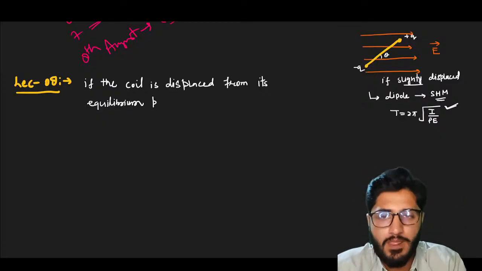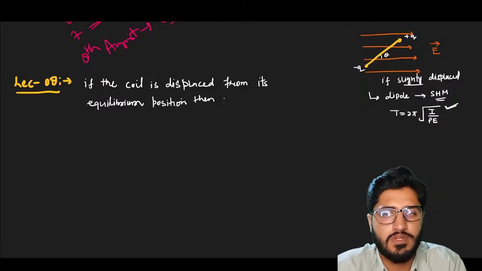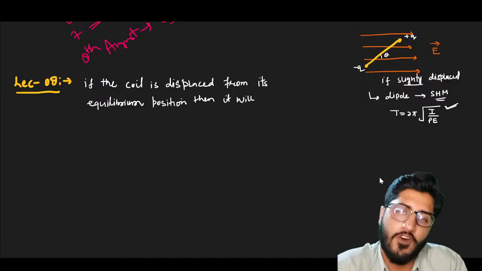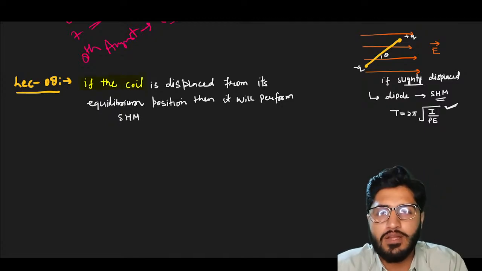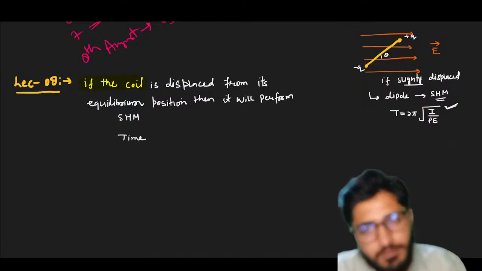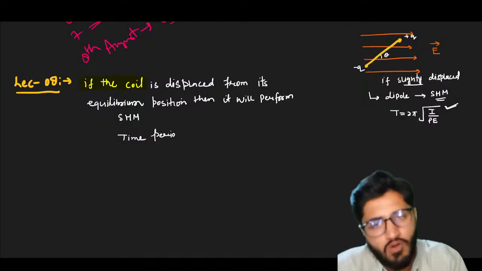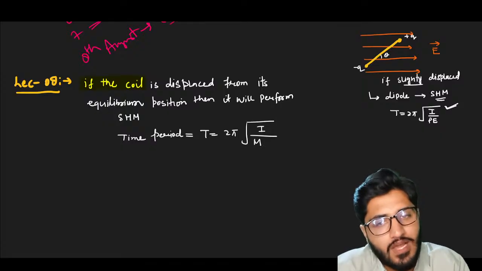Then my magnetic coil will perform SHM, and the time period of that SHM is T equals 2 pi under root of I divided by, in place of dipole moment, the magnetic moment, and in place of electric field, the magnetic field.